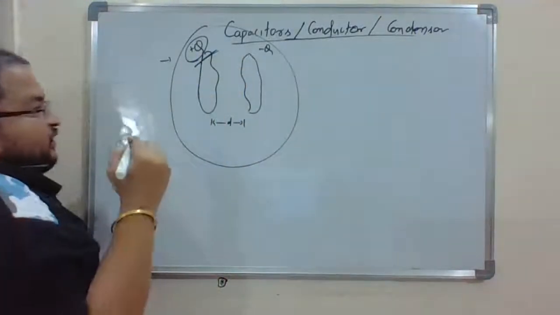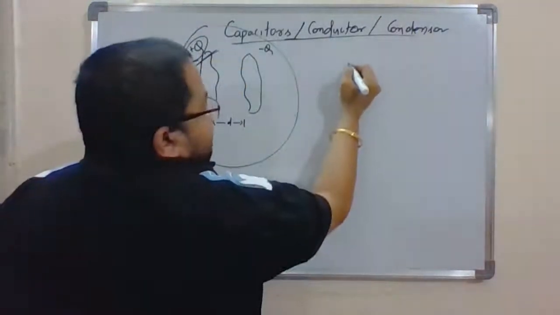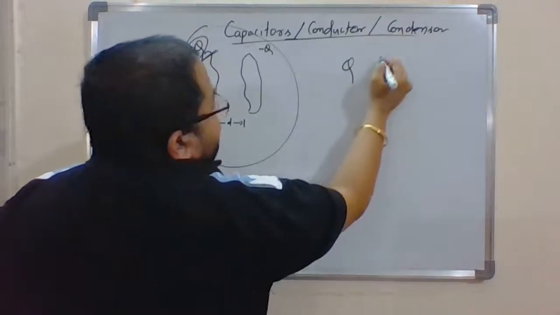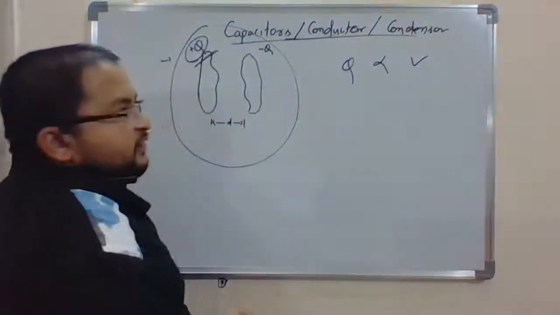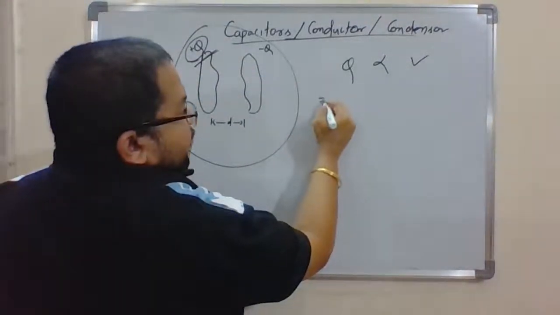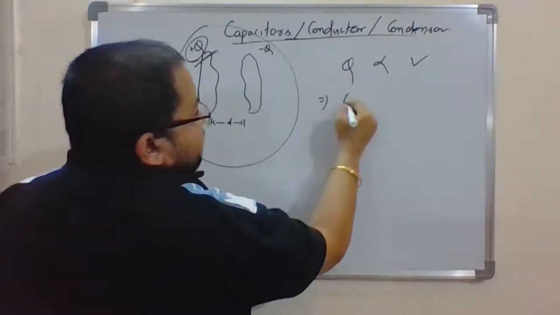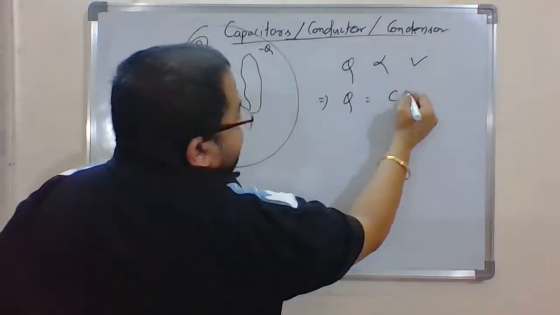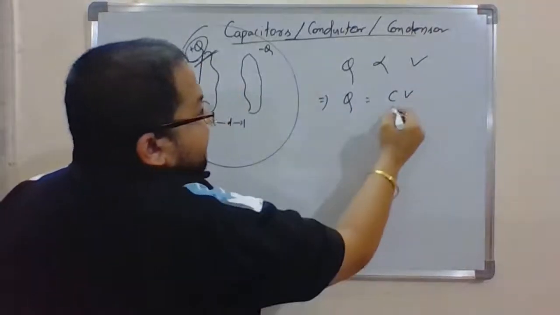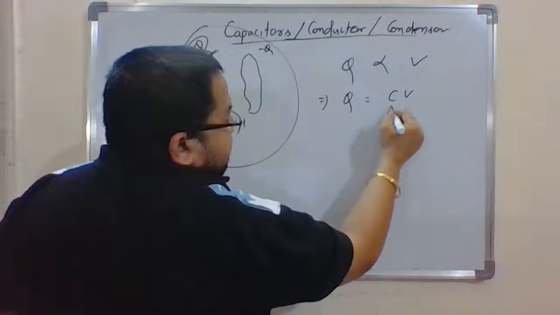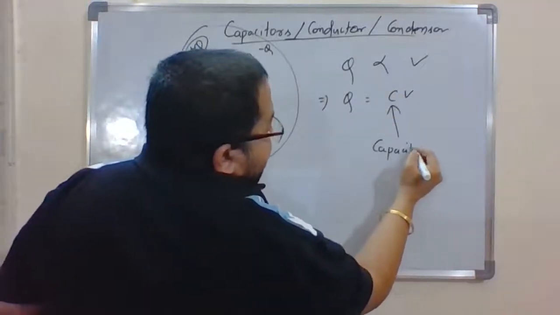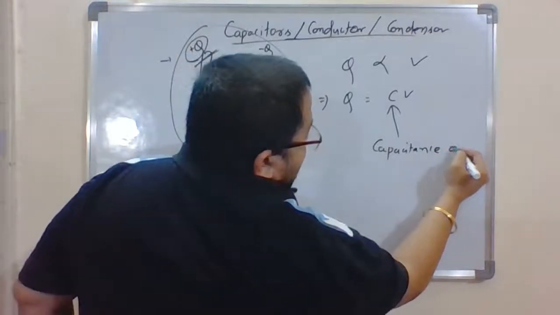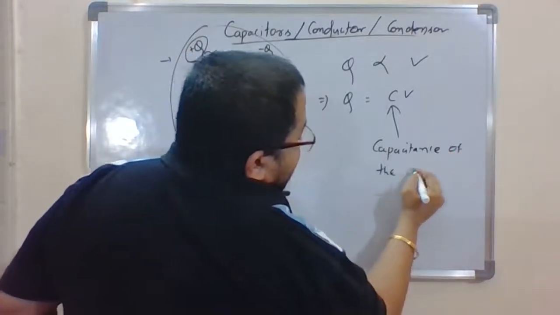It is noticed that your charge q is directly proportional to the potential difference. From here we get q equals CV. This proportionality constant C is called the capacitance of the capacitor.